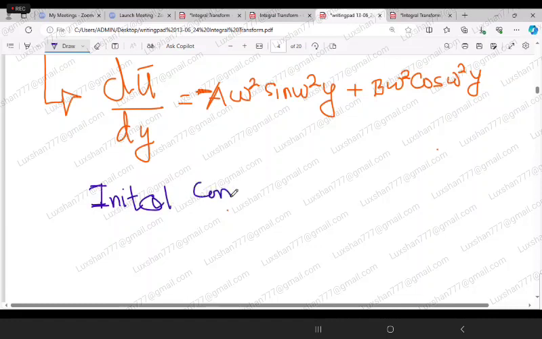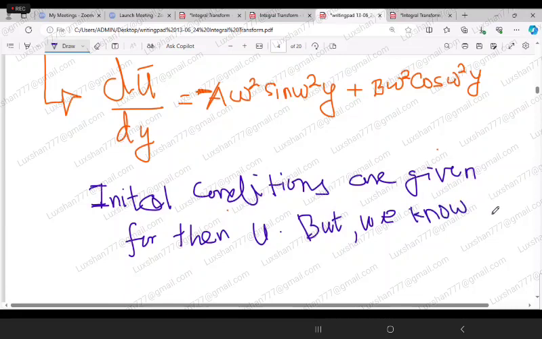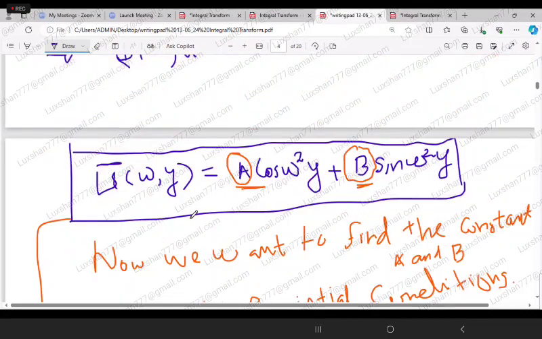Initial conditions are given for the function u, but we know u bar only. Here, look at here. We have found u bar only.